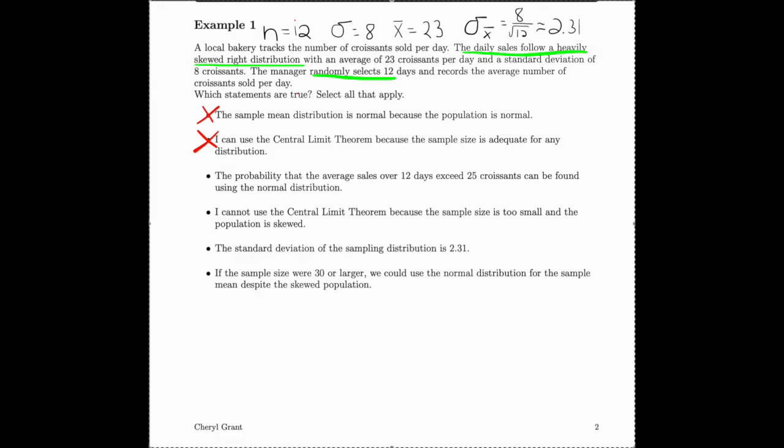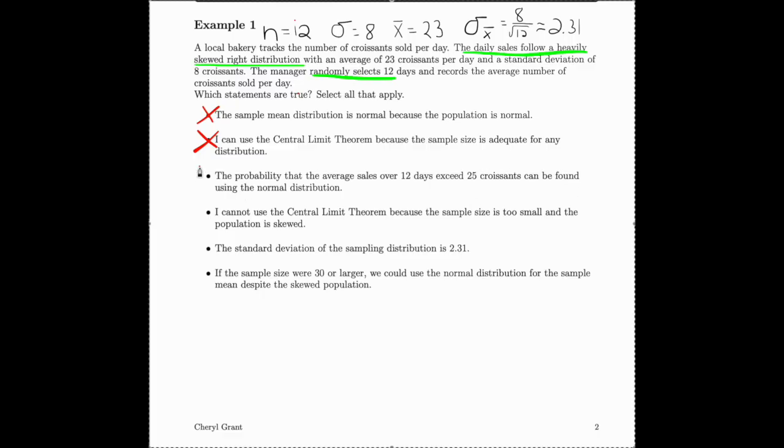All right, the next statement says the probability that the average exceeds 25 can be found using the normal distribution. Now, because we cannot use the central limit theorem here, we cannot use normal probability to find the probability when we're talking about averages here.